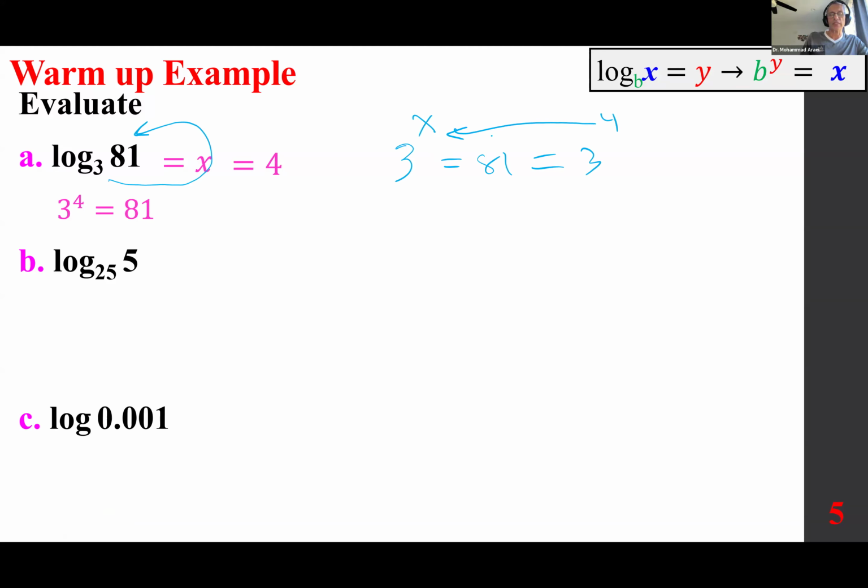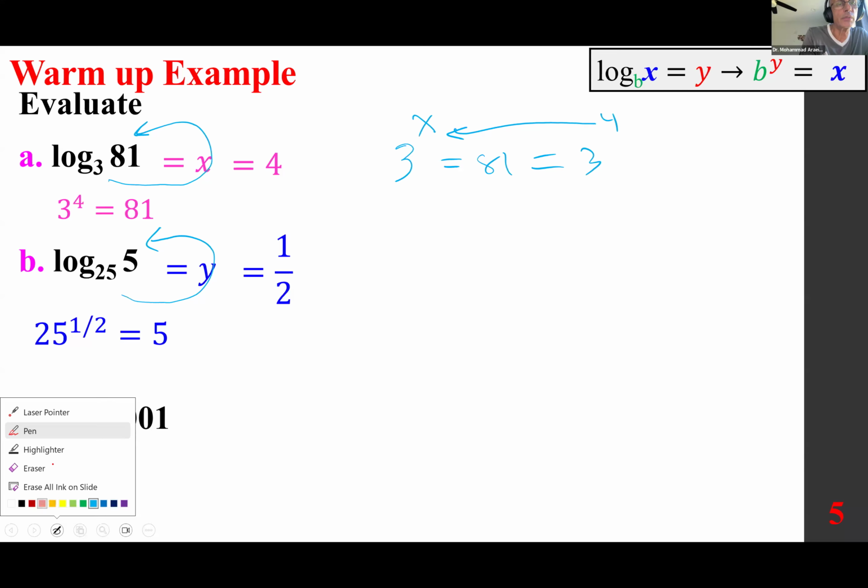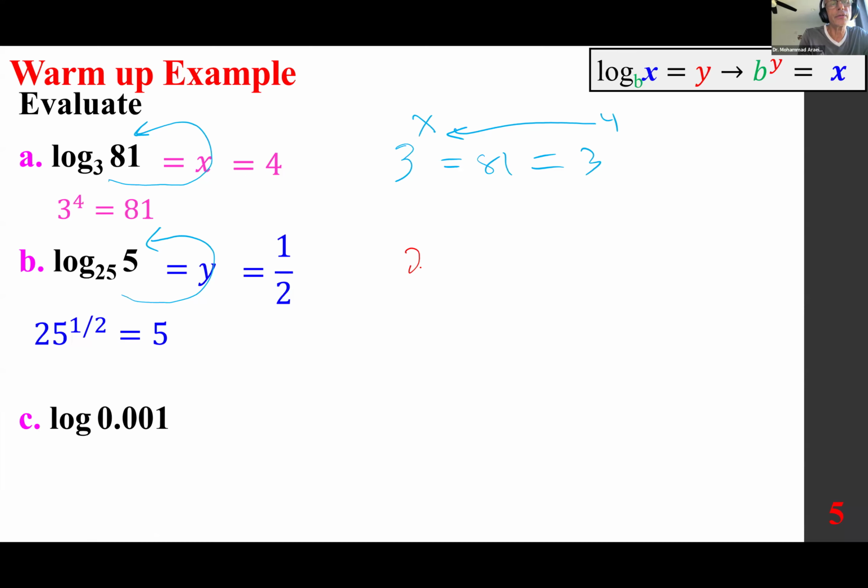Part B, what is it? Some variable, x, y, z, you choose it. And perhaps you know 25 to the power of 1/2 is 5. That means the square root of 25 is 5. So the answer is 1/2. And if we don't know, again, we're going to go with the arrow with a different color. Let me go with 25 to the power of y equals 5.